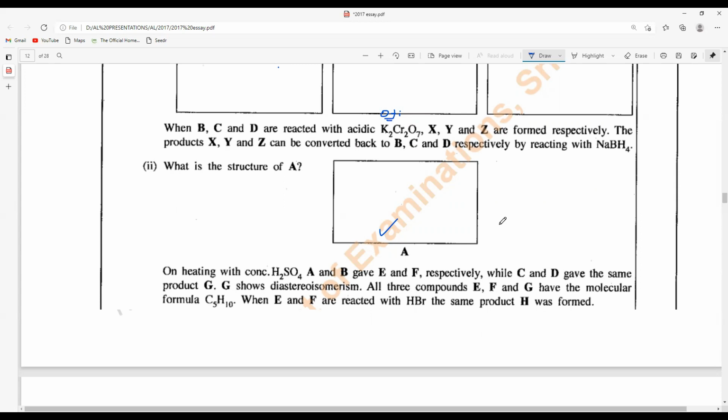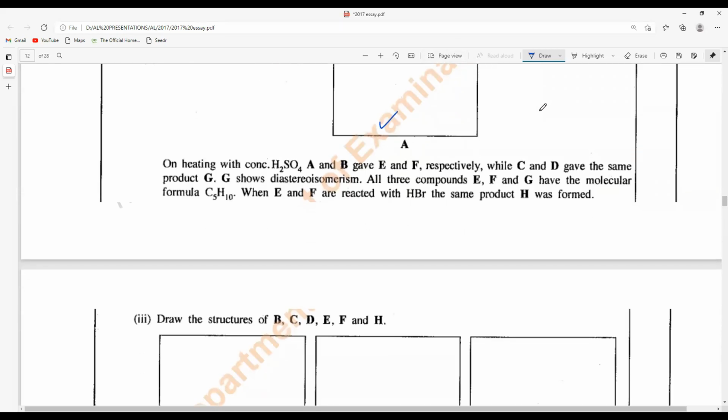And C and D give the same compound with conc H2SO4. Remember the term conc H2SO4. So we have to find the reaction with conc H2SO4. Let's see what reaction is going to happen.